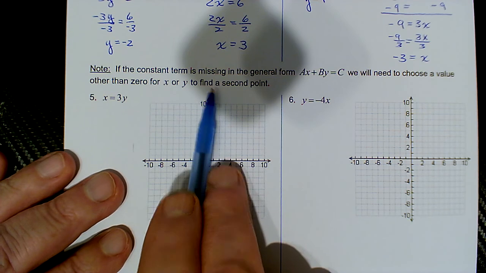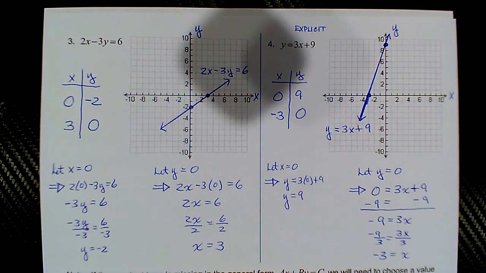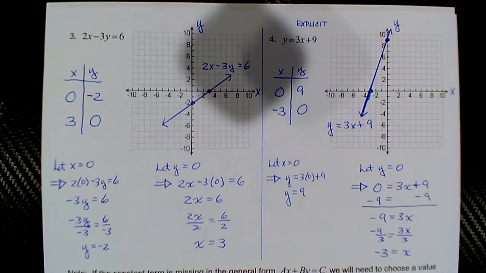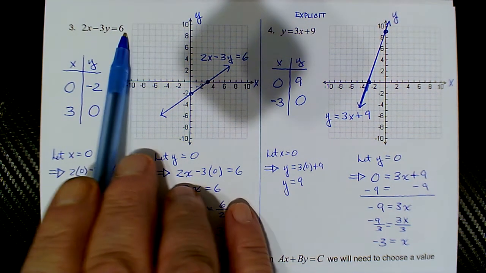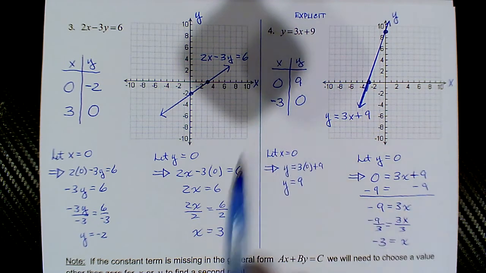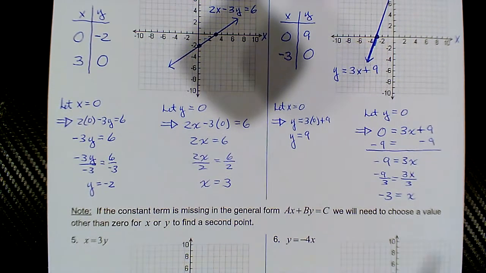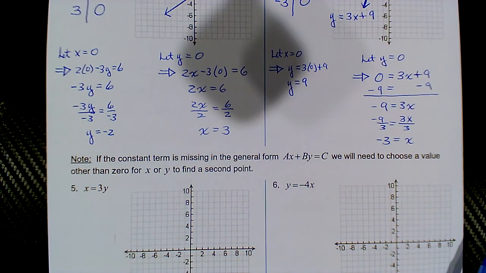Notice how in all of the 4 equations that we just graphed, we had every part of this general form present. That is, there was an x, there was a y, and there was a number. So notice x, y, and number. This wasn't in that form, but you got it, x, y, and number. And if you look back at numbers 1 and 2, there was x's, y's, and numbers. Now the number's missing, the constant is missing.